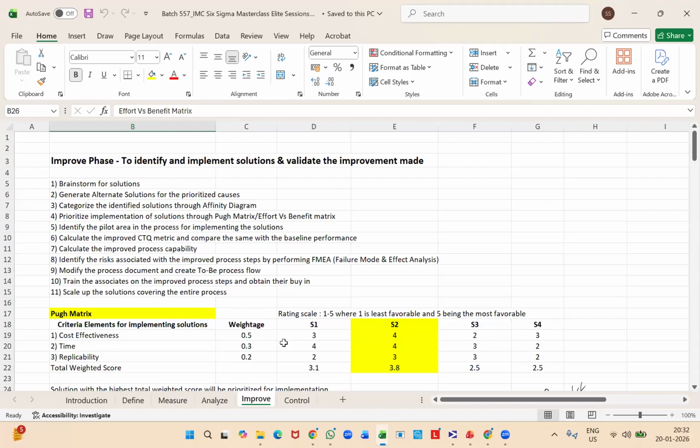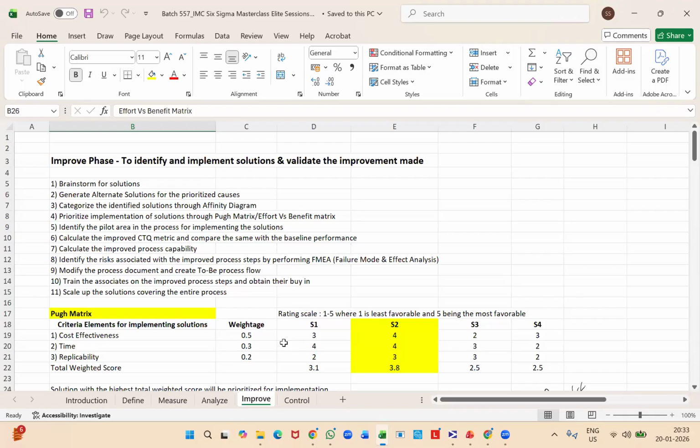And the most important thing, we need to train the employees with regard to the improved process steps. And we need to get their buy-in. Unless and until we get their buy-in, it would be very difficult for us to sustain the improvement made. In order to ensure that the improvement is sustained over a period of time in the future, it's important that the employees who are working in that process follow the improved process steps.